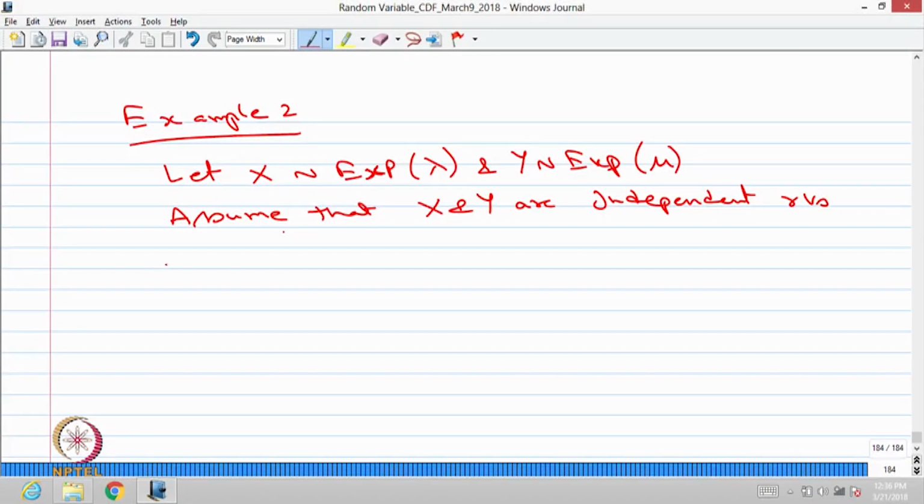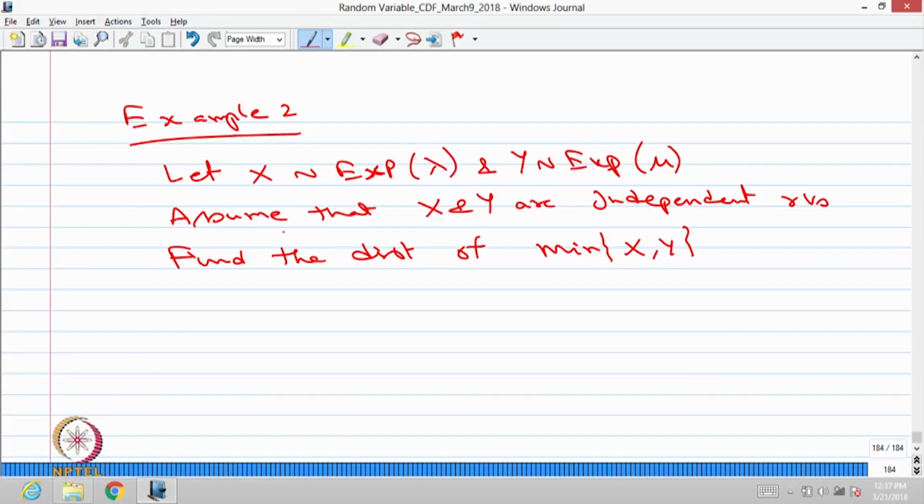Our interest is to find the distribution of the minimum of X comma Y. Since there are only two random variables, you will have a minimum as well as a maximum of the two; together, that is a set of order statistics. In that, I am interested in the distribution of the minimum of two random variables.